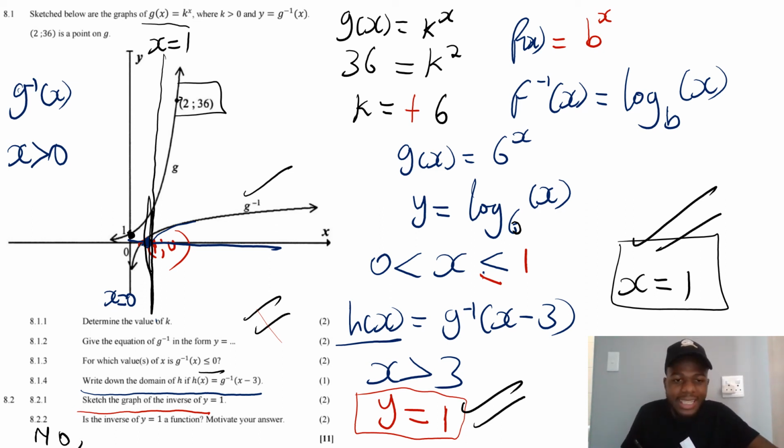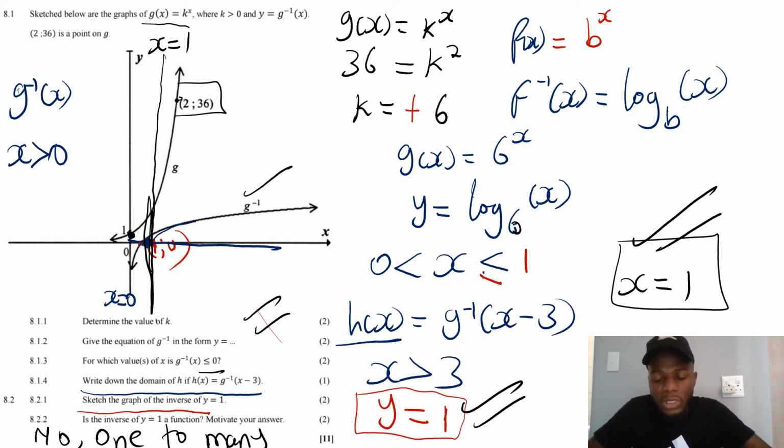If you check, this is 1 to many. If you have the basics of functions, you understand this better. This is a 1 to many relation, and a 1 to many relation is not a function.